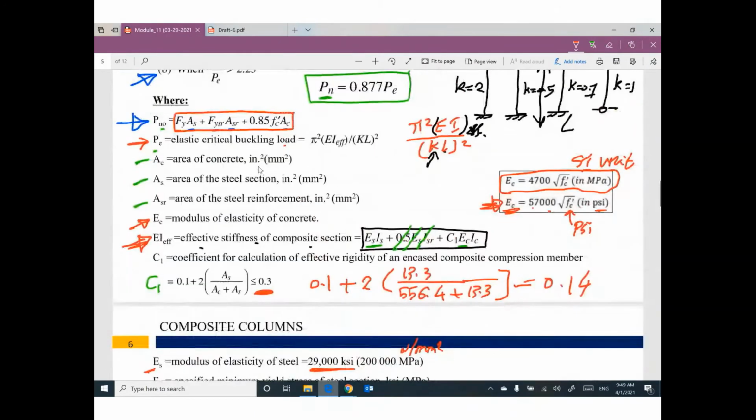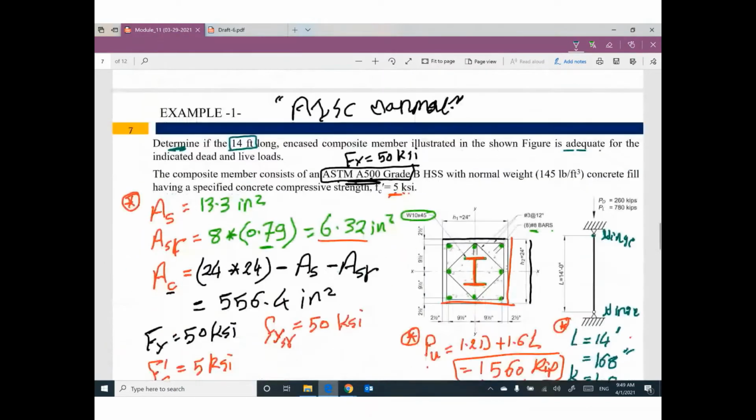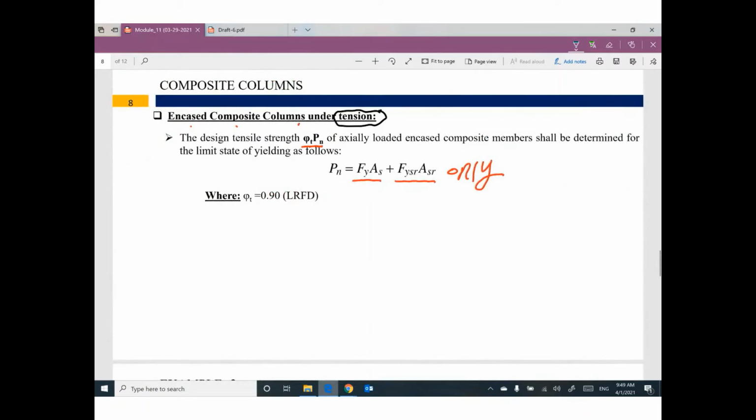Last meeting, you told us we have 3 terms, one for steel column, one for reinforcement, one for concrete. This is the case if you have compression. But if your column is under tension, we will neglect concrete. The steel column will work, the steel reinforcement only will work, and then we can find the nominal strength, multiply this nominal strength by reduction factor phi equal 0.9, and you can get the tensile strength of the column, the design strength of the column.